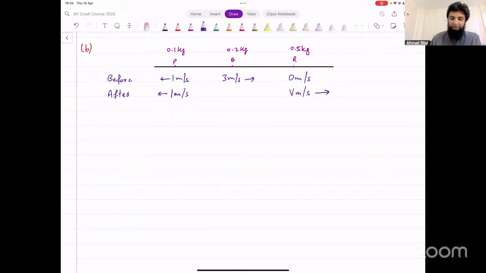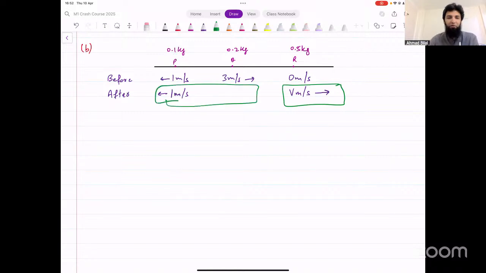What's the greatest possible value of V such that Q and P do not have any subsequent collision? That is what we want to figure out. Now, when will they have any collision? Let's think about that.